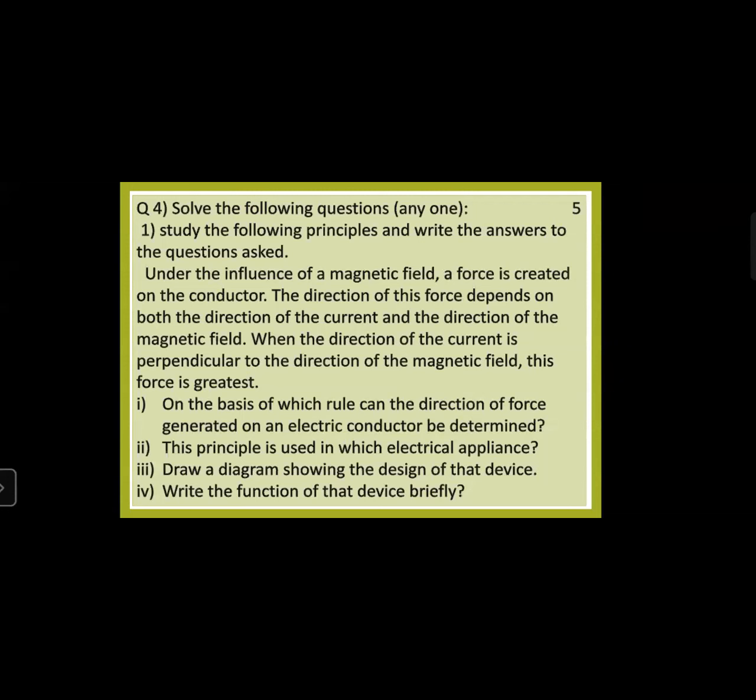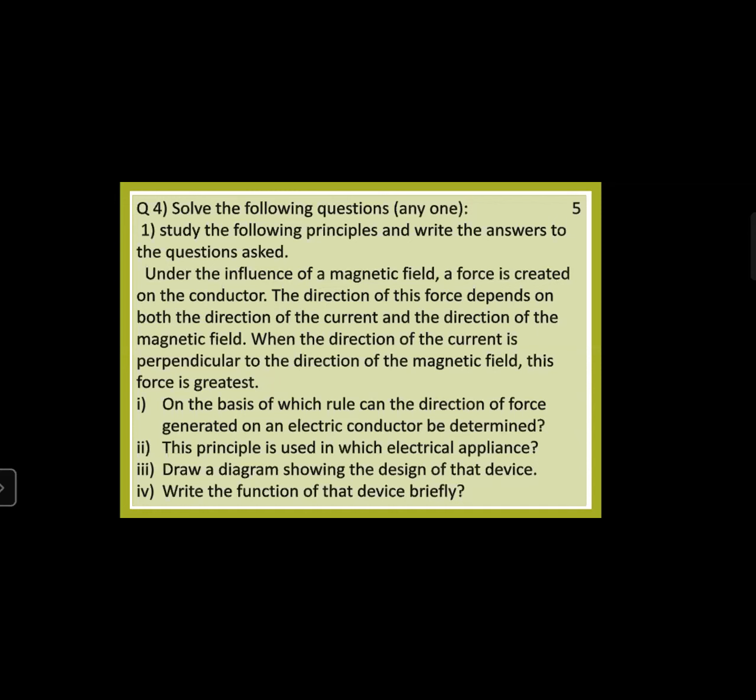First question is what? Study the following principle and write the answer to the questions asked. Now here is a small paragraph: under the influence of a magnetic field, a force is created on the conductor.